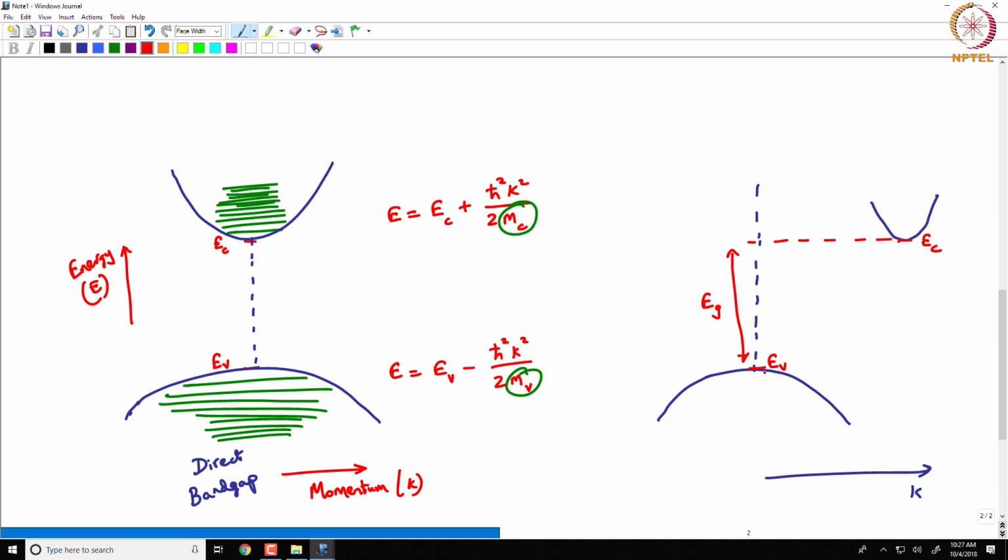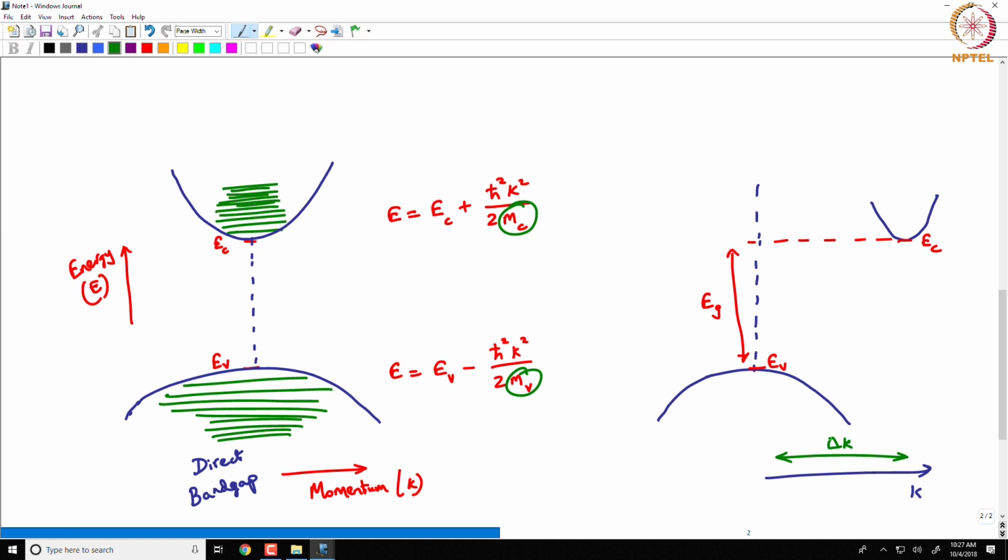Your transitions would have to satisfy energy conservation, which can be basically saying that okay, transition across EG, but also it has to satisfy this momentum gap delta k, right.